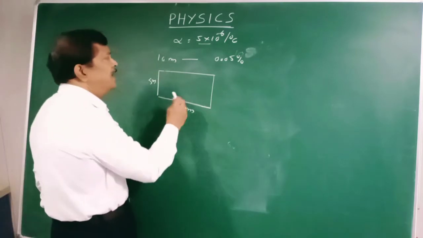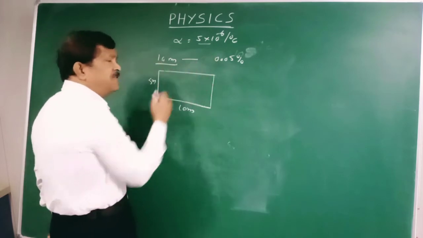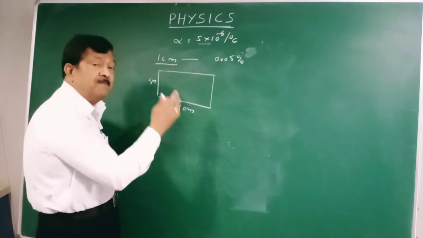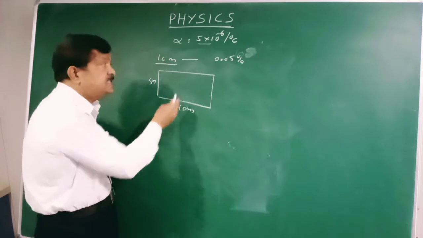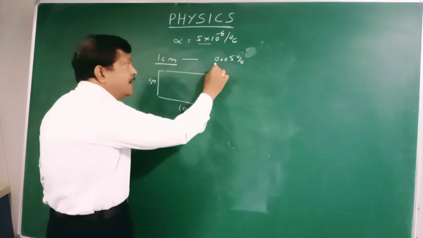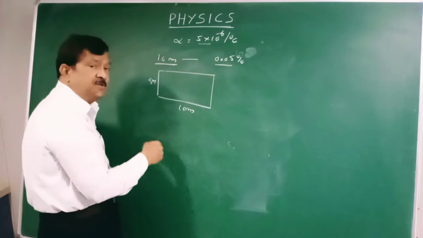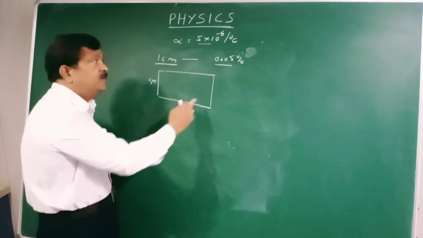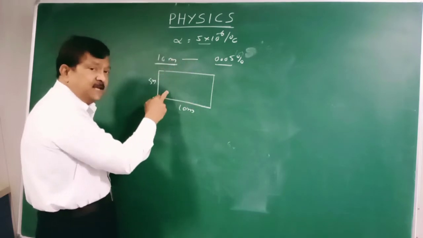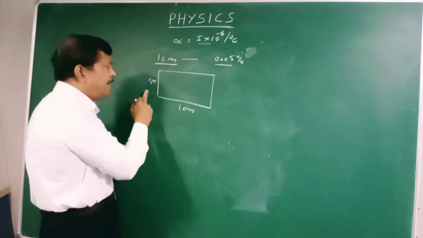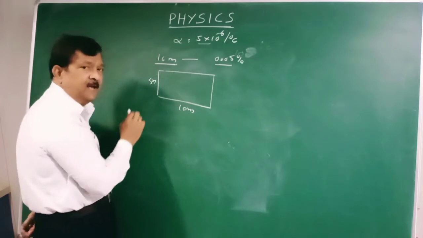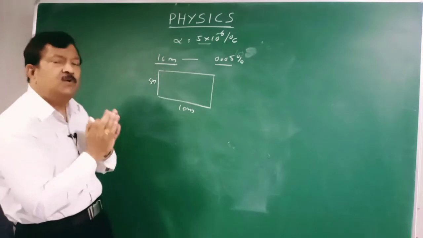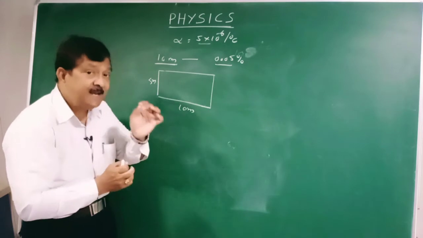Percentage change in the length is given to you, but the body is different. This is a rod where percentage change in length is 0.05%. But now with the same material, we are using a metallic plate of dimension 10 meter and 5 meter. For this metallic plate, I want to find out the percentage change in area.